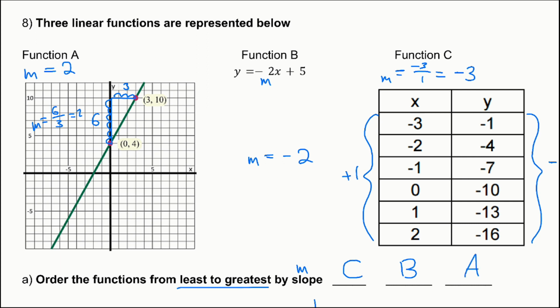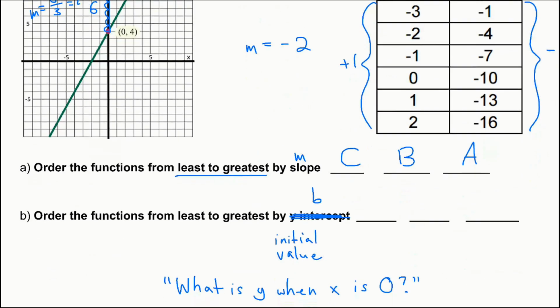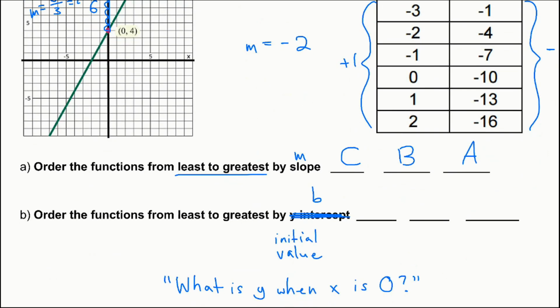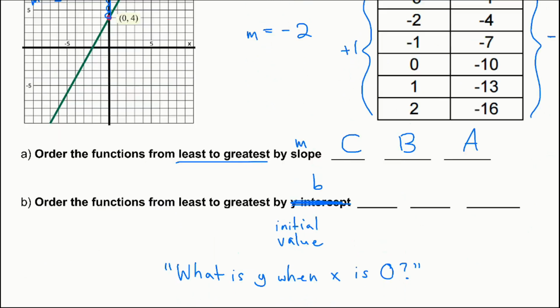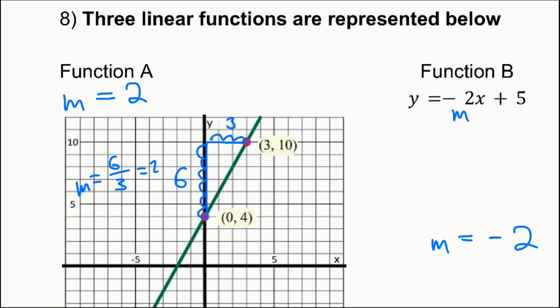Okay. So now we need to check out our y-intercepts, or initial value. Again, what is y when x is 0? Let me use a different color just so you can track this. For function a, the y-intercept is what is y when x is 0.